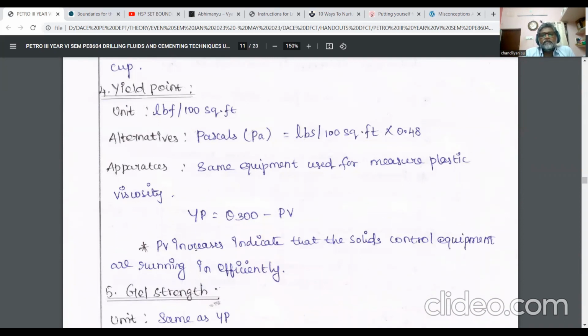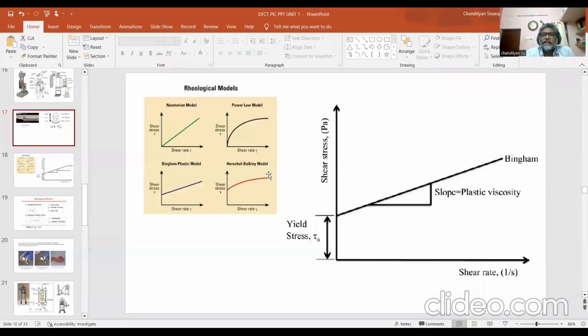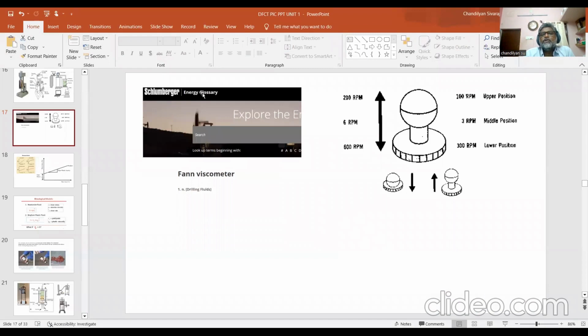The alternative is Pascal: if you multiply pound per 100 square foot by 0.48, you will get Pascals. The apparatus is the same equipment used to measure plastic viscosity. What is the equipment? Fann VG viscometer. That's why I put the Schlumberger picture, for the name's sake. In Schlumberger's glossary, they call it a fan viscometer.